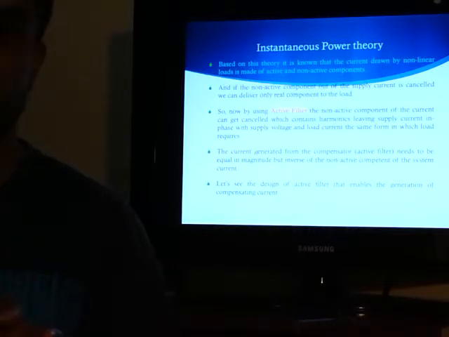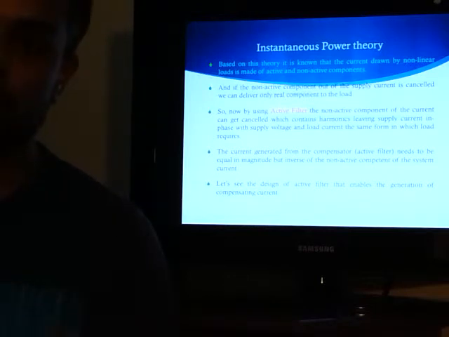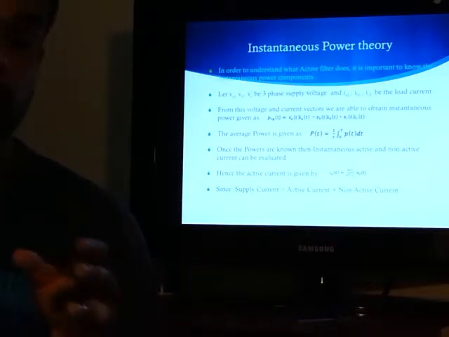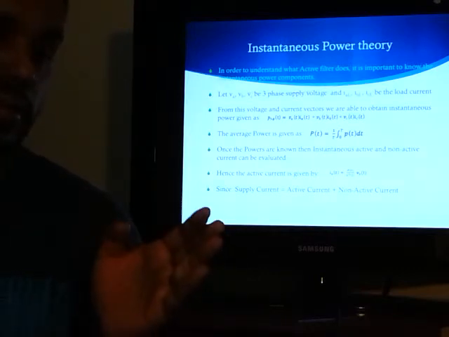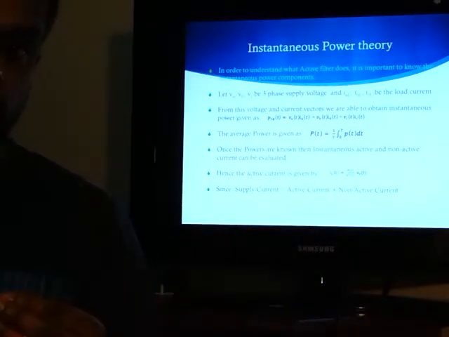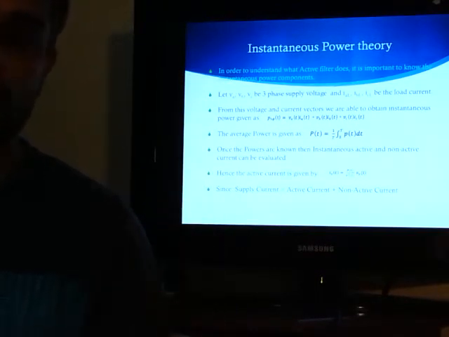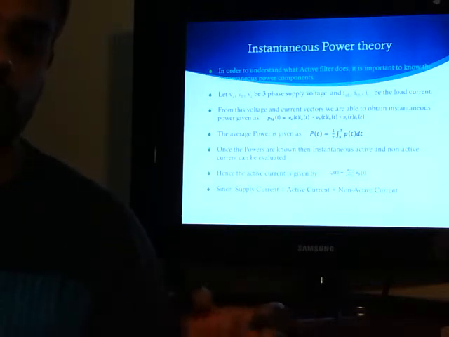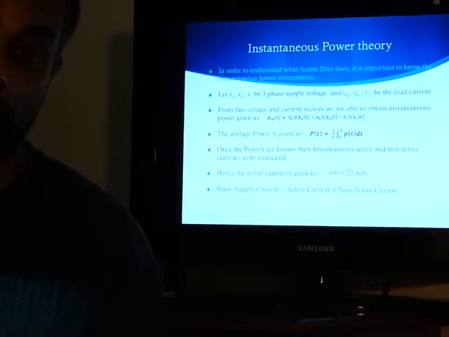So when nonlinear loads get connected to the main system or the utility and draw current from the supply, that current consists of two components: active current and non-active current. The non-active current does not do any necessary work and is the one that contains harmonics, so it needs to be mitigated or removed, so that we have the active current, which is the one that does the actual work.